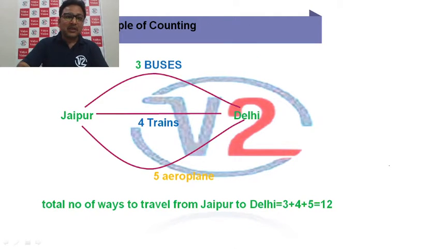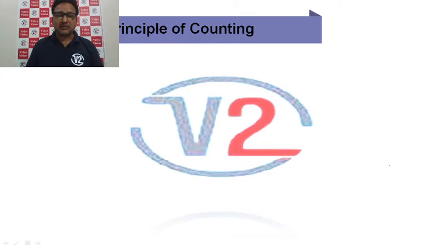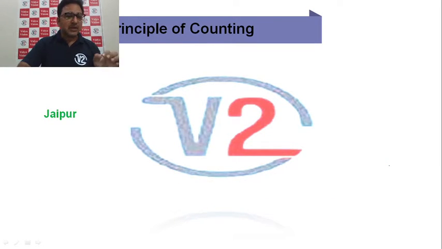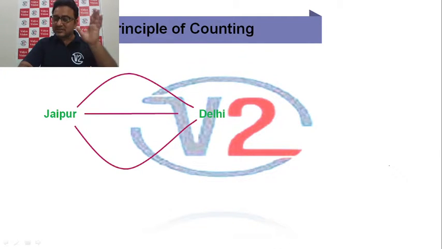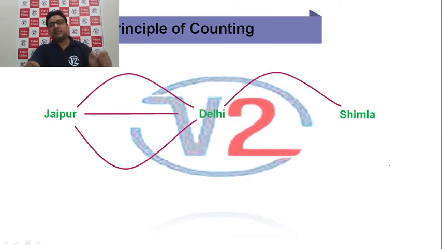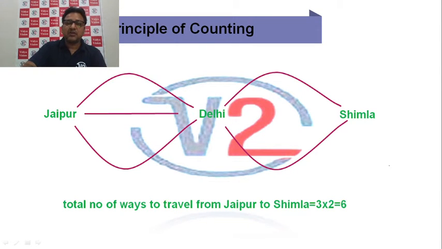Now, next. Again, from Jaipur to Delhi there are three ways. Now, Delhi to Shimla, how many ways are there? Three ways we can go from Jaipur to Delhi, and to Shimla we can go by the principle of counting also.